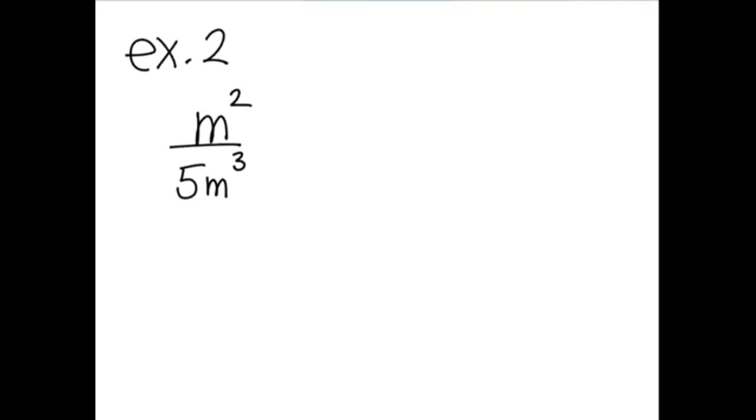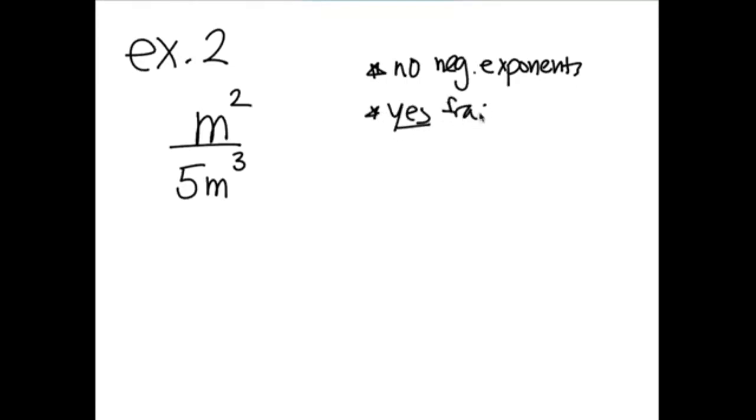Example 2. m to the second power over 5m to the third. So again, we want to check for negative exponents. We don't have any. Then let's look for fractions. We do have a fraction. However, if we have a fraction, we want to see, can we simplify the numerator?